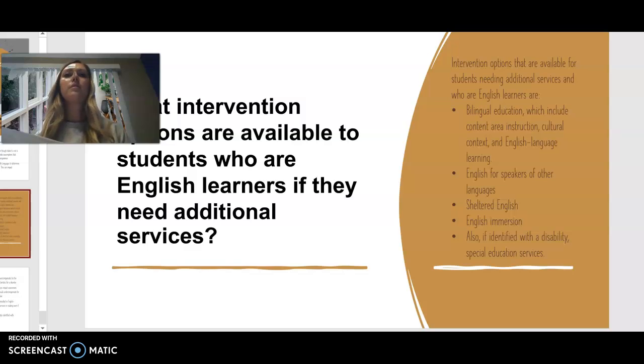And if the student is identified with a disability, they can receive special education services alongside their bilingual education. So they are able to receive those types of services if they need them for their English learning.